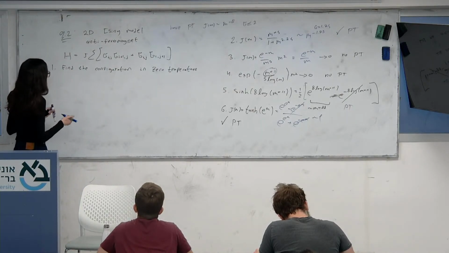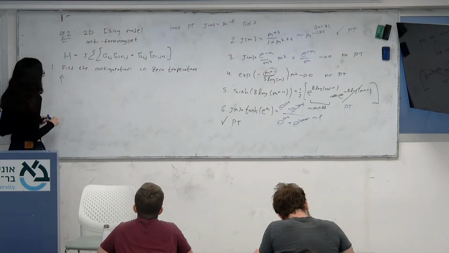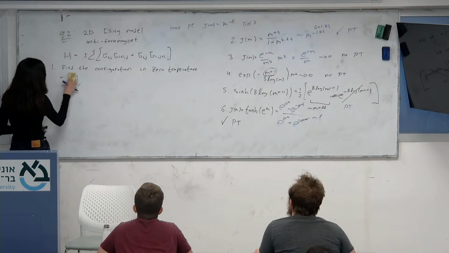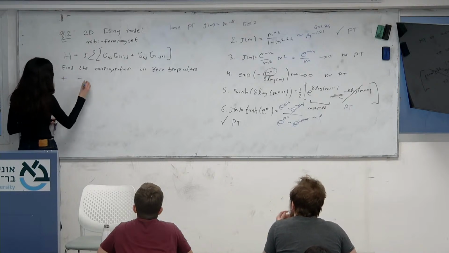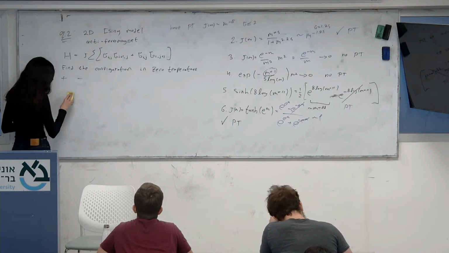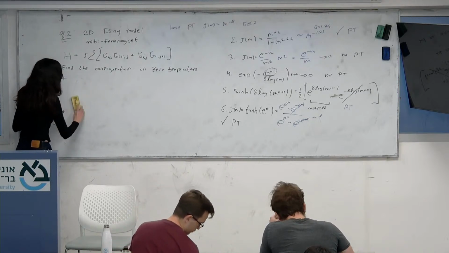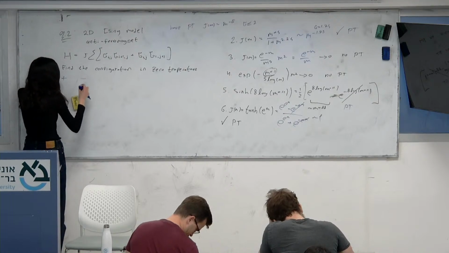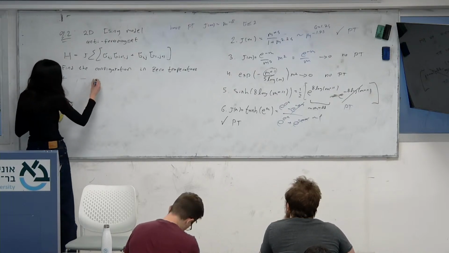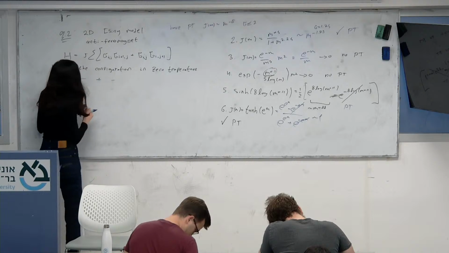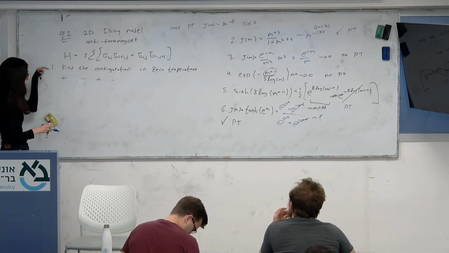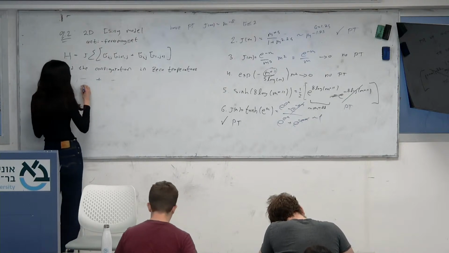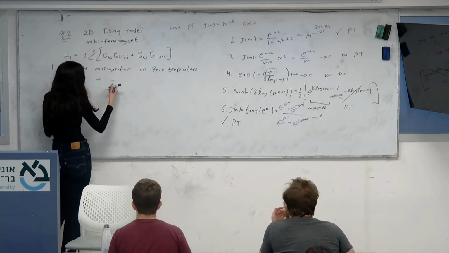If I have a spin here that's up, the next one next to it is going to be down. Let's do it with color. So this is plus and this is minus, this is minus, etc. And also on that axis, if this is plus, then this is minus, plus, minus, plus.